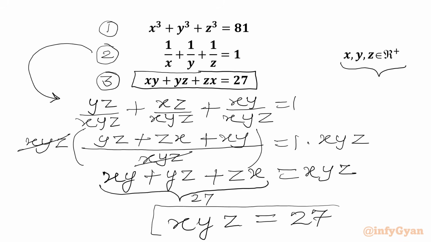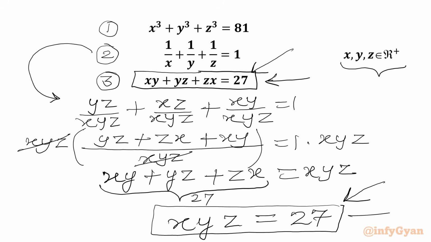So x times y times z is 27, and xy plus yz plus zx is also 27. If we think about a cubic equation, then equation 3 is the sum of roots taken 2 at a time. And let's say this is our equation 4, which is the product of roots. So the only thing missing is the sum of roots, the x plus y plus z value.